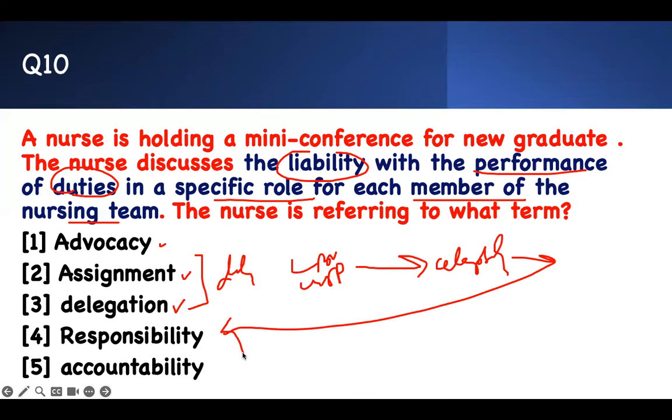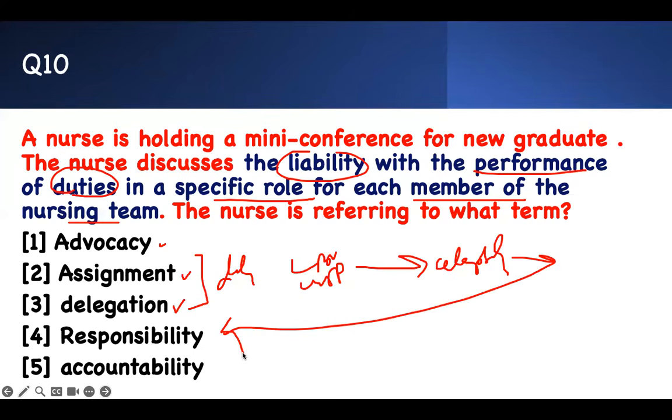You will be accountable if they don't, but they have a responsibility to make sure the task they have accepted, you have delegated, is performed. So if something happens, they are liable for that.